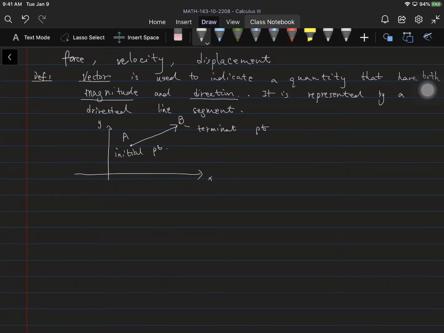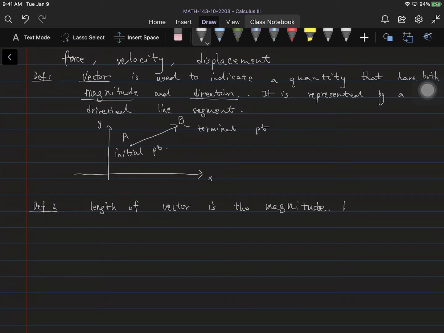Let's take a look at the magnitude of a vector, which is called the length. The length of a vector is its magnitude.